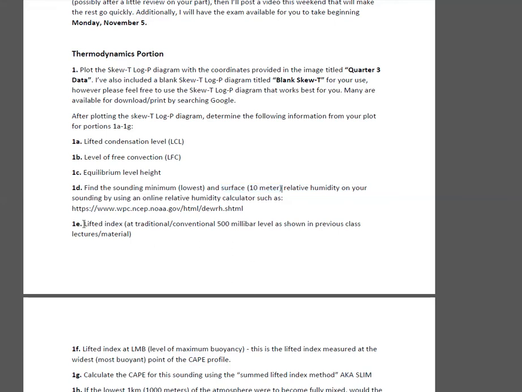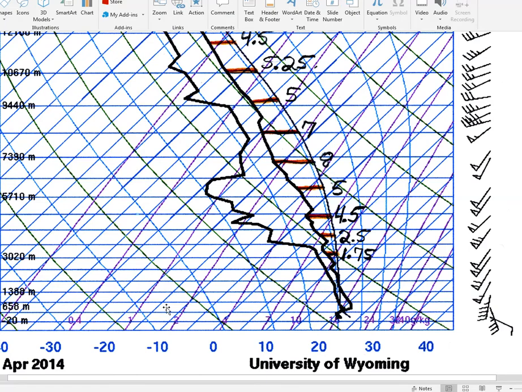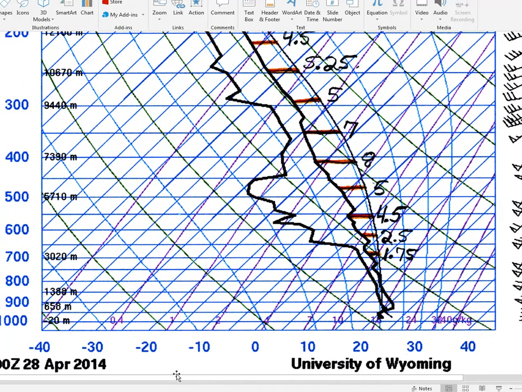1E, the lifted index at the traditional or conventional 500 millibar level. Remember that's just the difference. Go up to 500 millibars, right here, go over. The lifted index is just the difference between your environmental temperature, which is the line you plotted, and the theoretical parcel temperature, which is right through here.